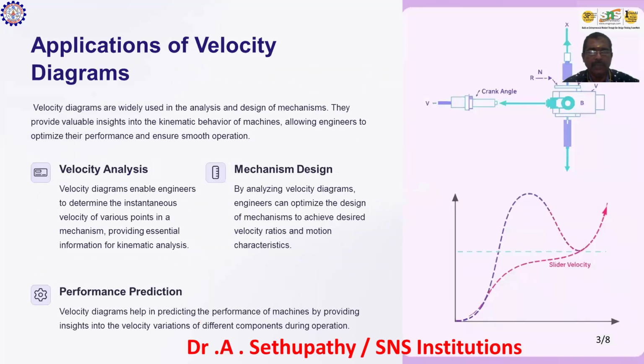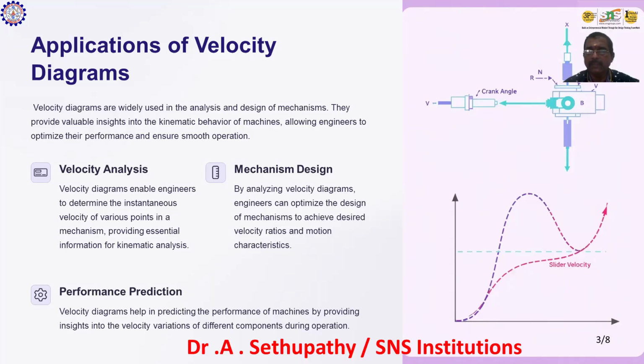So where do we use these velocity diagrams? They are widely used in the analysis and design of mechanisms. They provide valuable insights into the kinematic behavior of machines, that is, the motion of machines, allowing engineers to optimize their performance and ensure smooth operation of the kinematic joints inside the links and machines.